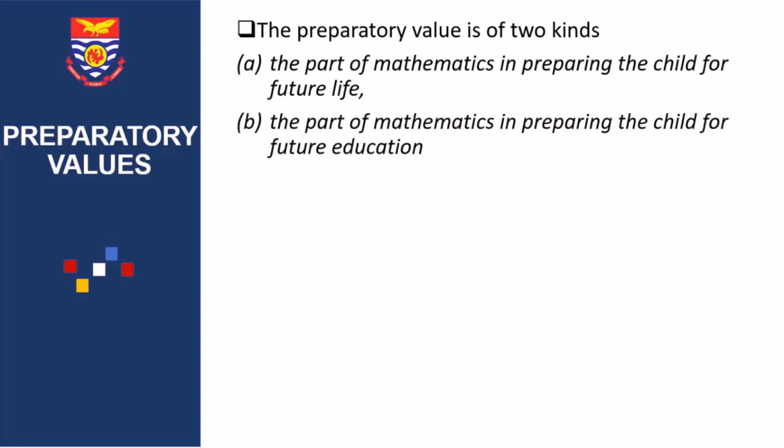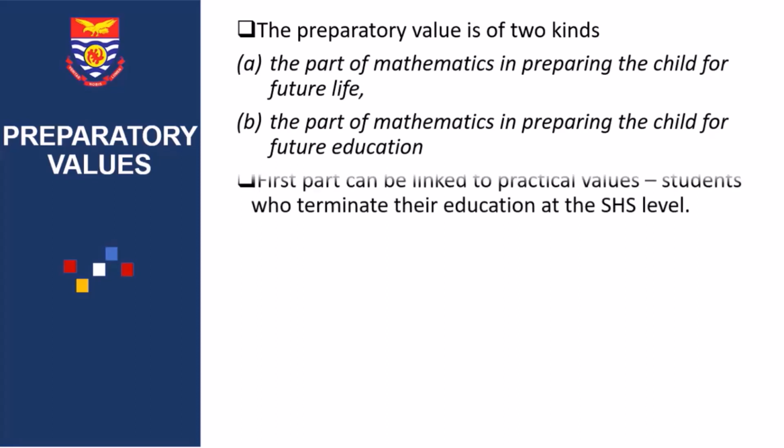So as we said, some of the students may terminate their education at the SHS level, and they will now go into future life and they have to apply some mathematics. So the aspect of mathematics that prepares them for future life, and then the part that prepares them for future education, those of the students at the SHS level who will continue their education, and so these values will prepare them for future education.